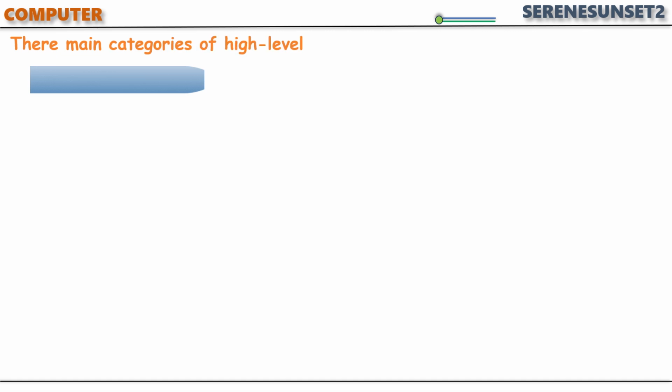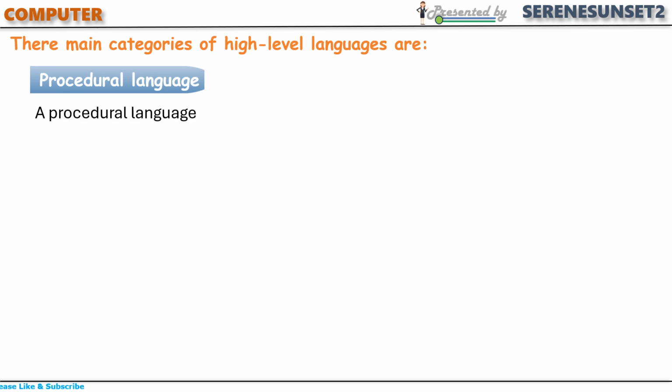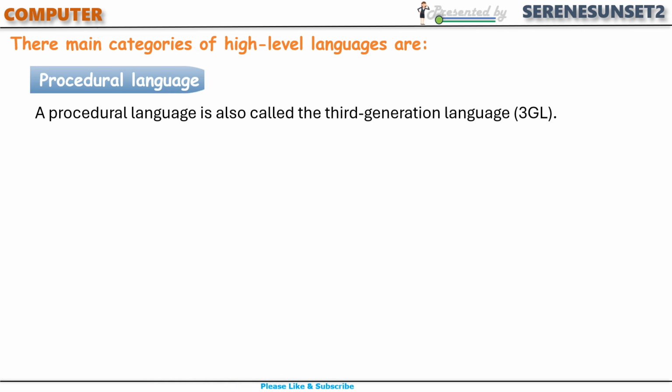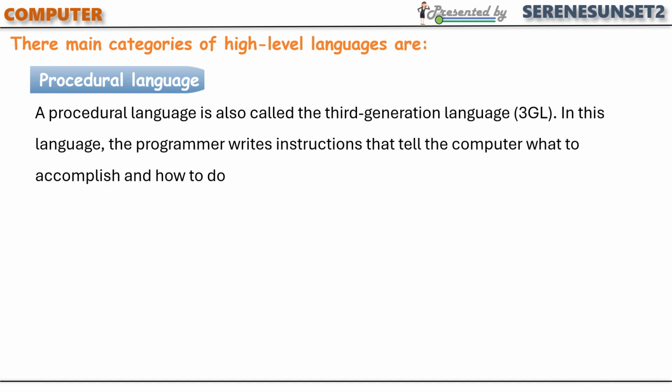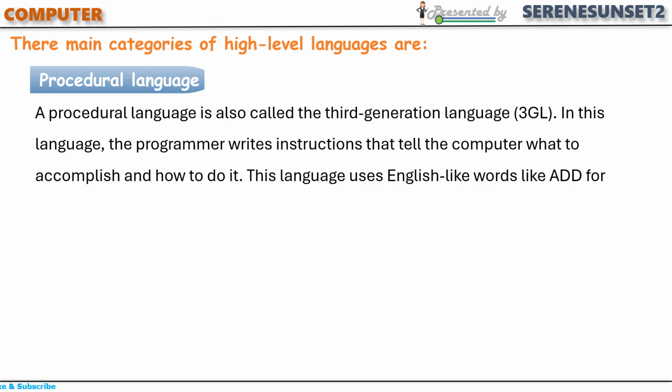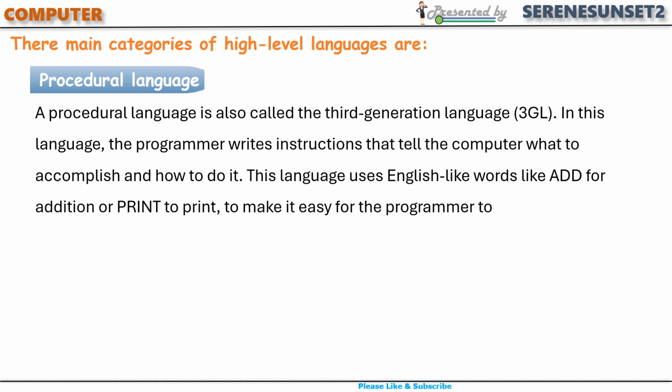The main categories of high-level language are: Procedural language. A procedural language is also called third generation language, 3GL. In this language, the programmer writes instructions that tell the computer what to accomplish and how to do it. This language uses English-like words like ADD for addition or PRINT to print.